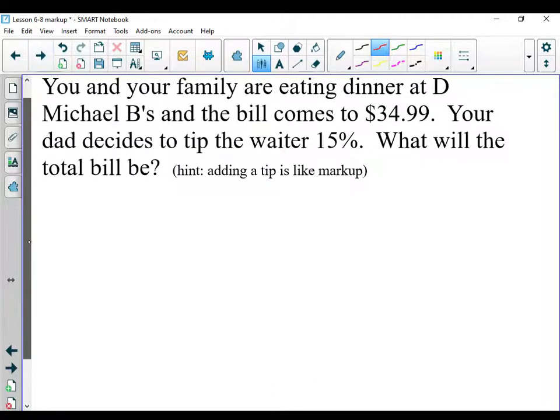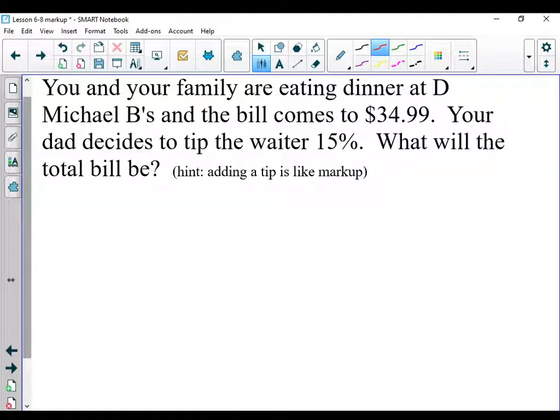Last one. At the beginning, we said tax and tip are calculated the same way. So you and your family are eating dinner at D. Michael B's. The bill comes to $34.99. Your dad decides to tip the waiter 15%. What will the total be? Hint, adding a tip is like markup.